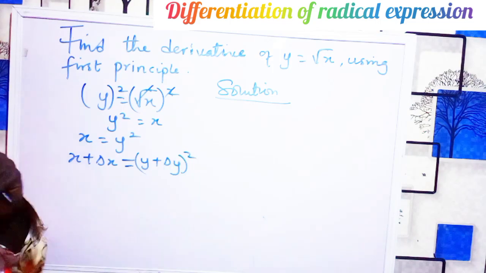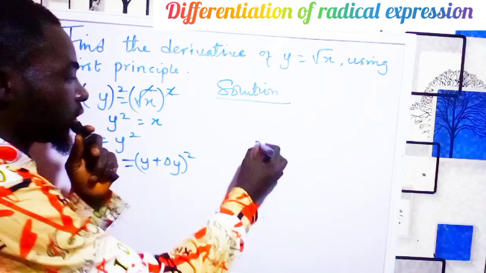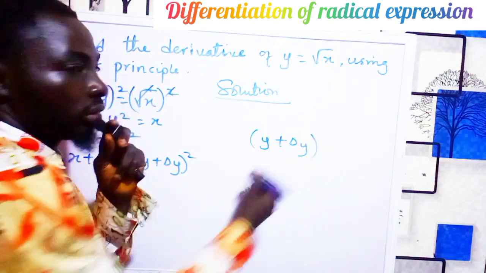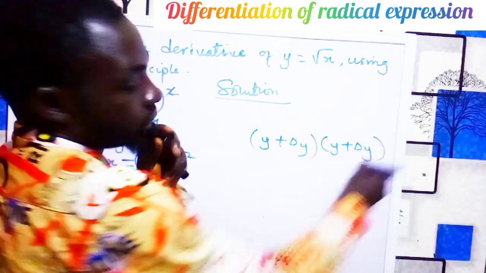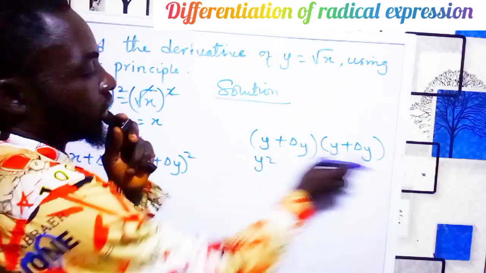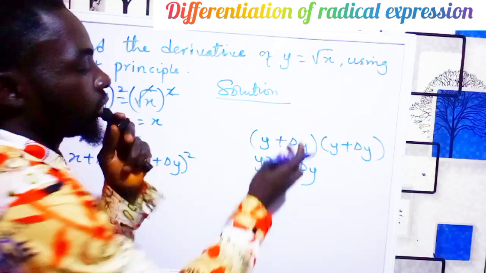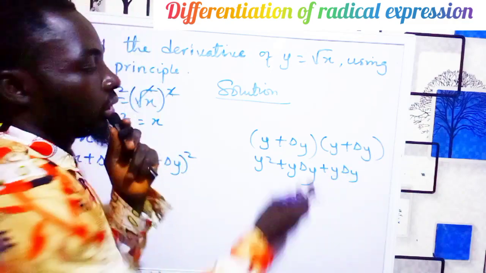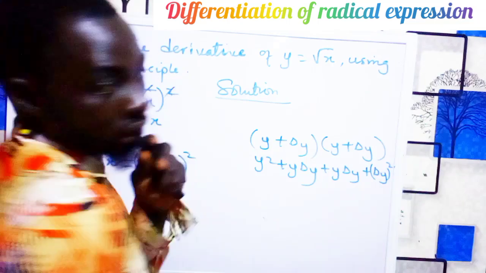all squared. Then we simplify this expression here, which will be y plus change in y. This is squared, that means in two places. Y plus change in y. Y times y, y squared. Y times delta y, that is y delta y. Delta y times y, y delta y as well. Delta y times delta y, that gives us delta y all squared.